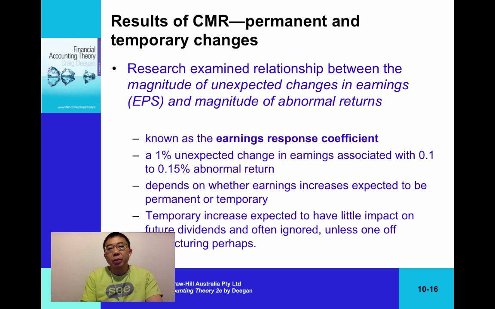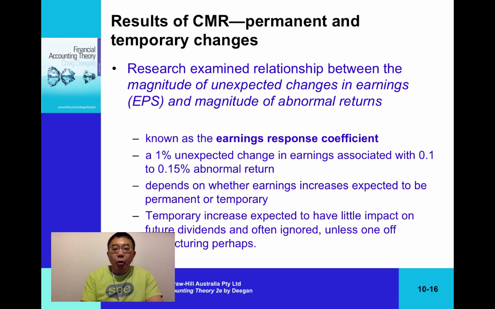This relationship is called the earnings response coefficient. What they found was that in general, a 1% unexpected change in earnings is associated with only about 0.1 to 0.15% of abnormal returns in share price.